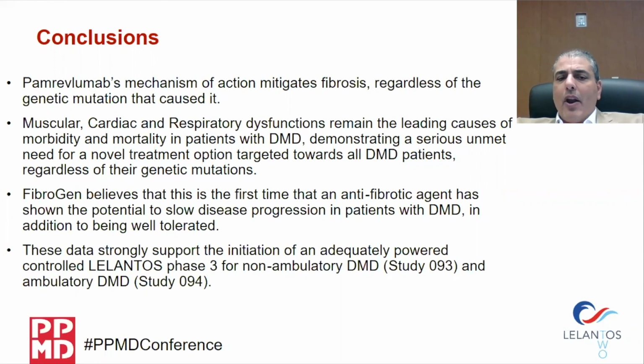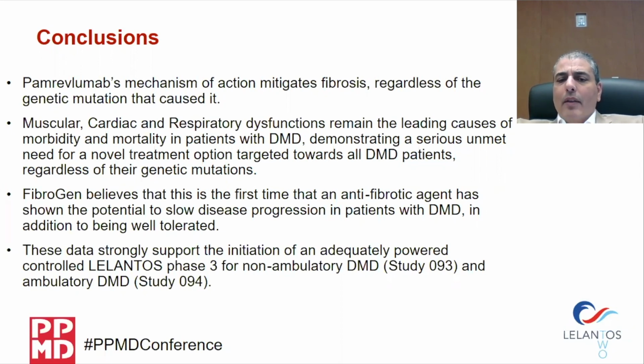Muscular, cardiac, and respiratory dysfunction remains the leading cause of morbidity and mortality in this population, and demonstrates an unmet need for a treatment for them. That's exactly what we showed in our phase 2 trials: that we slowed down the disease progression in 3 parameters: muscle function, cardiac function, and respiratory function.